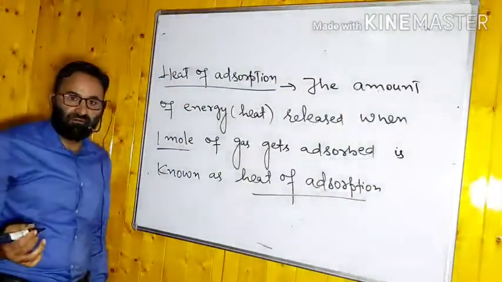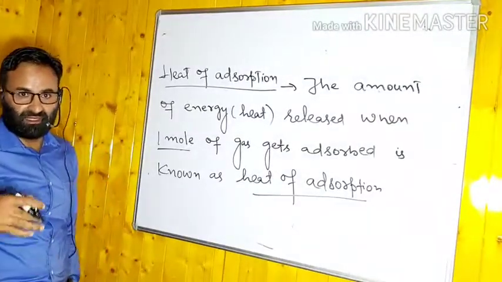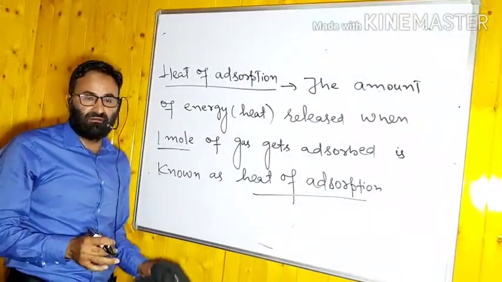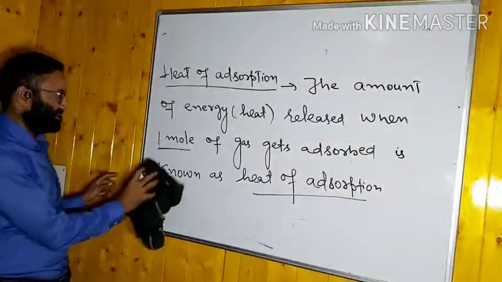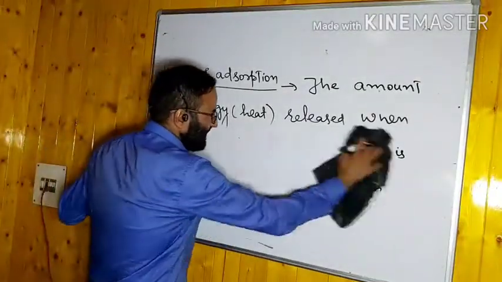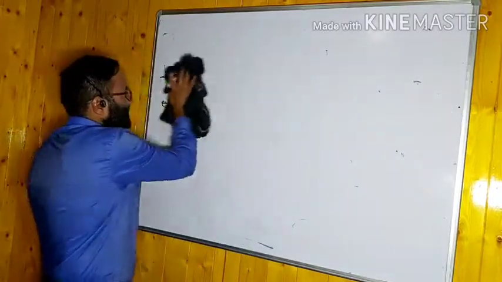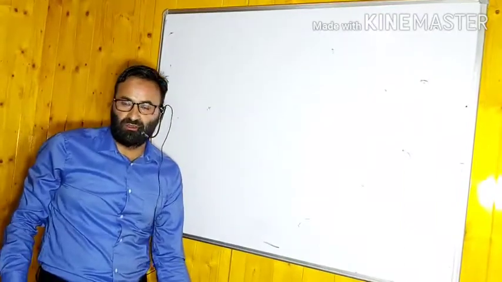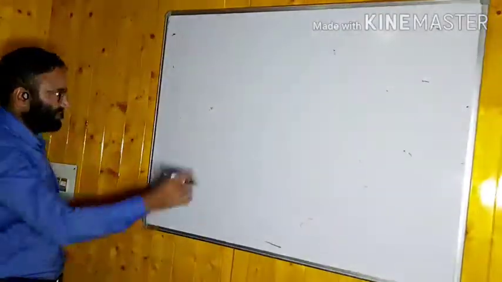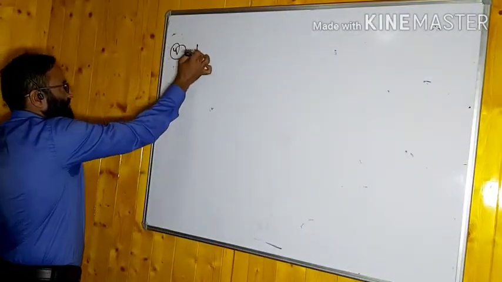The first factor we have discussed is nature of adsorbent, surface area of adsorbent. The second factor we have discussed is nature of adsorbate, and the third factor we have discussed is effect of temperature. Temperature, whether it should be low for physical adsorption or high, it should be low because low temperature favors forward process. The fourth is pressure.